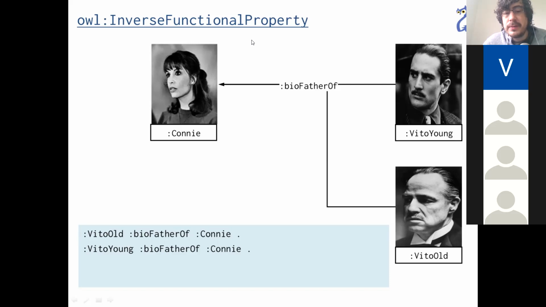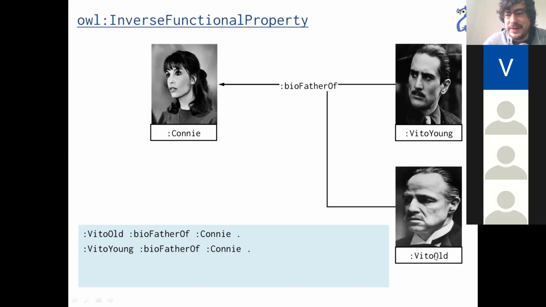So inverse functional property is the inverse case of functional property, right? It does the same thing, just in the other direction. So now what it says is essentially, if two subjects, two entities have the same value, then they must be the same, right?